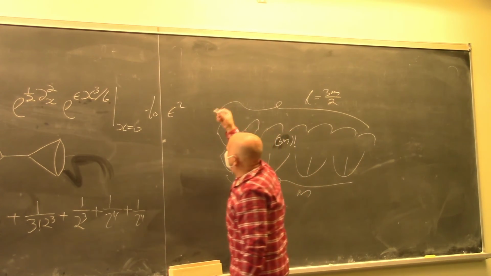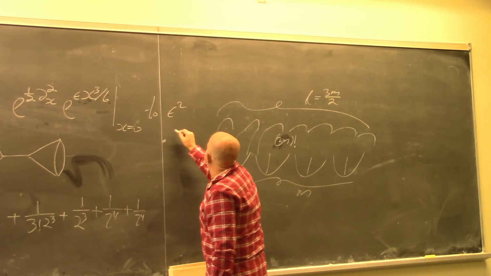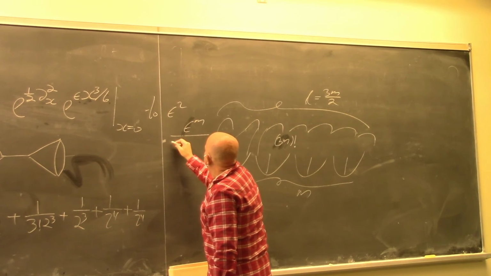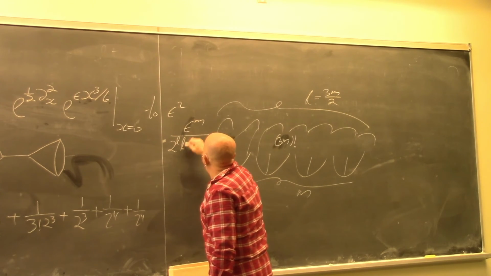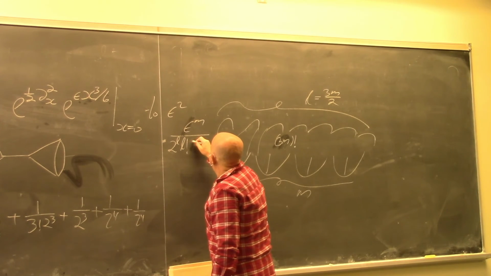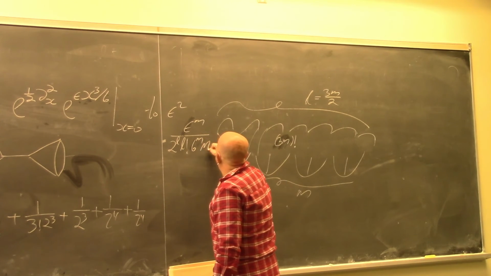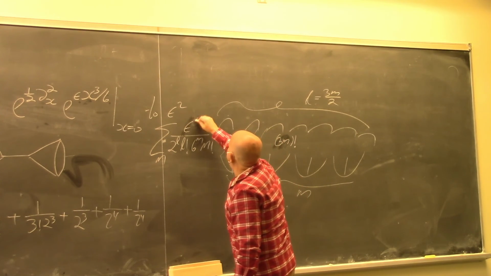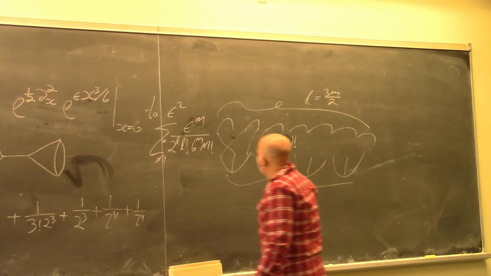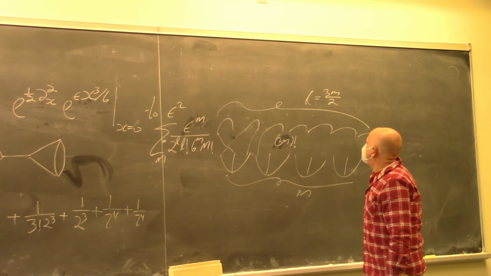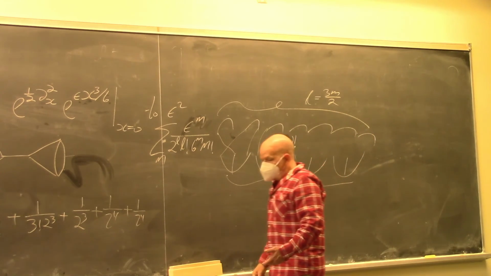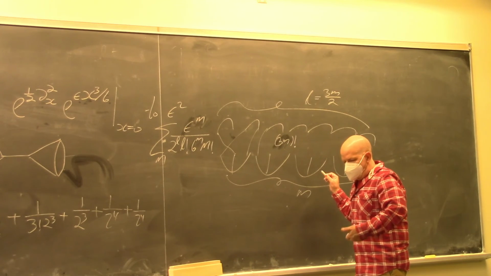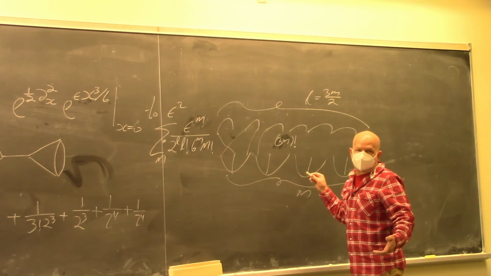And if you remember the formulas from then, they came with coefficients epsilon to the m, 2 to the L factorial, 6 to the m factorial, and the summation over m. That actually gives the answer, but we care about the log of the answer, right?